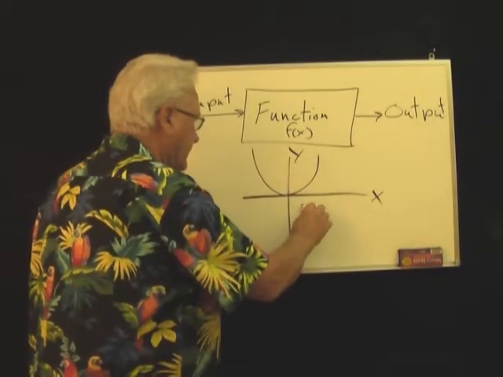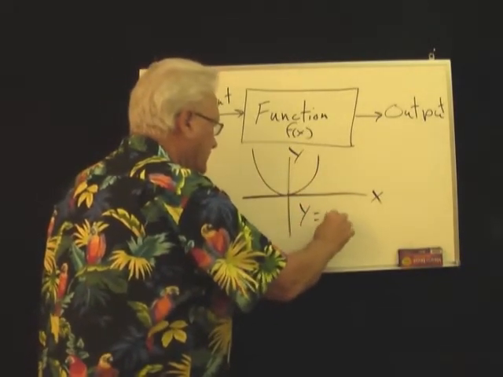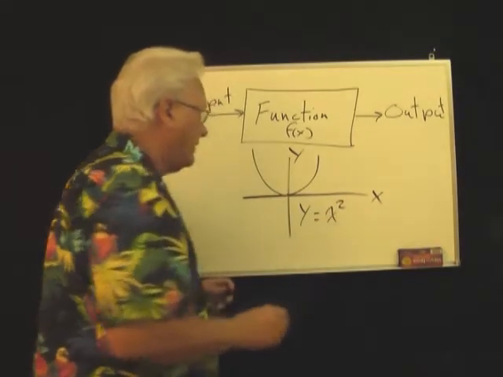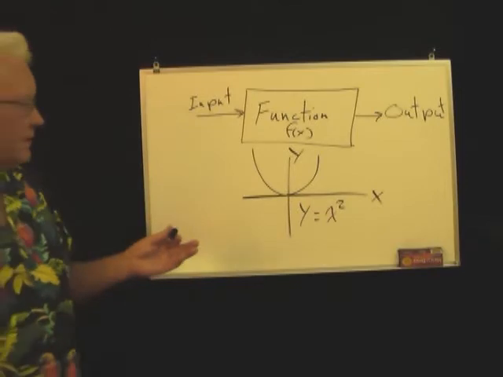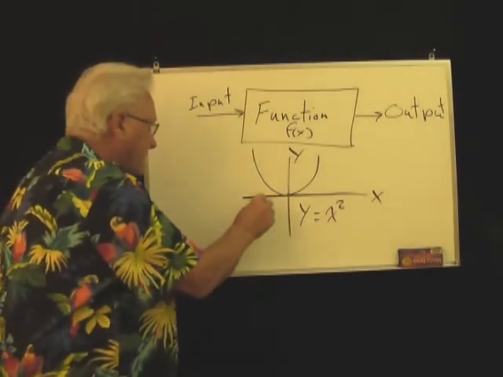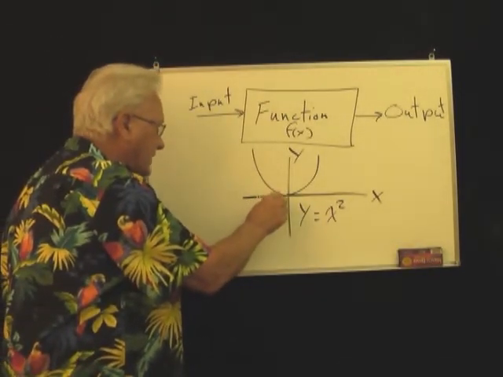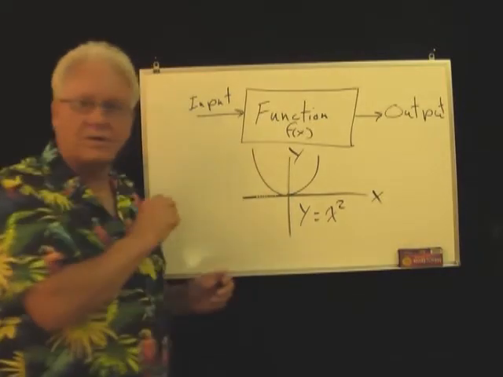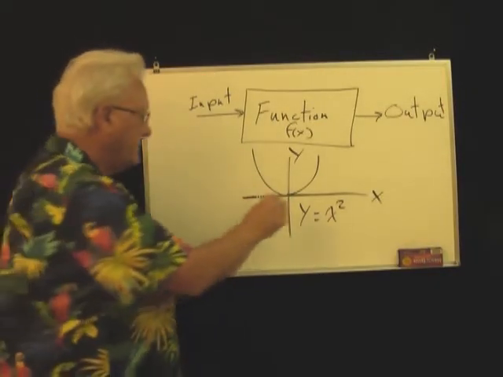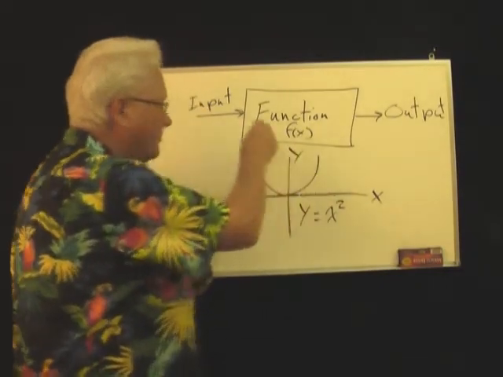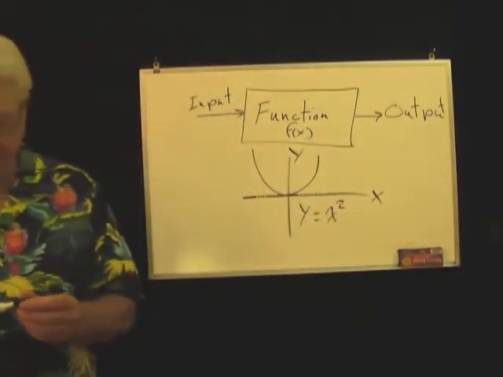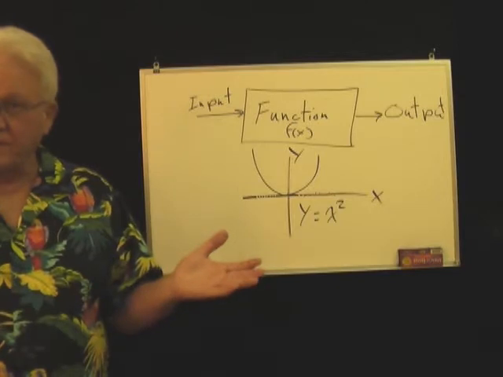I would call this y equals x squared. Where does that come from? For every single value of x, we square it and we get a y. If we did this for all the negative ones and all the positive ones, we'd get a graph that looks something like this. That's where these graphs come from.